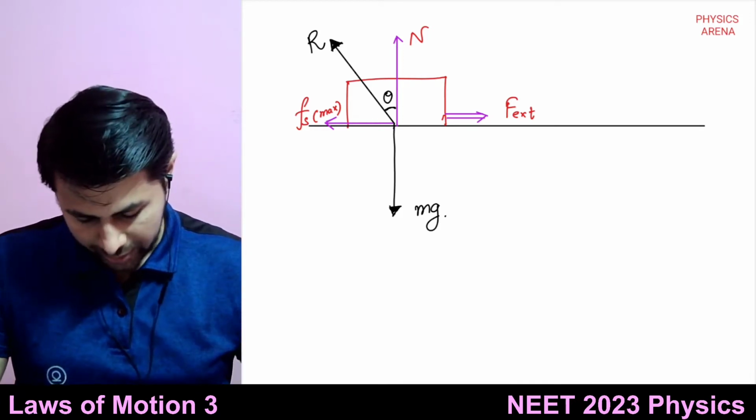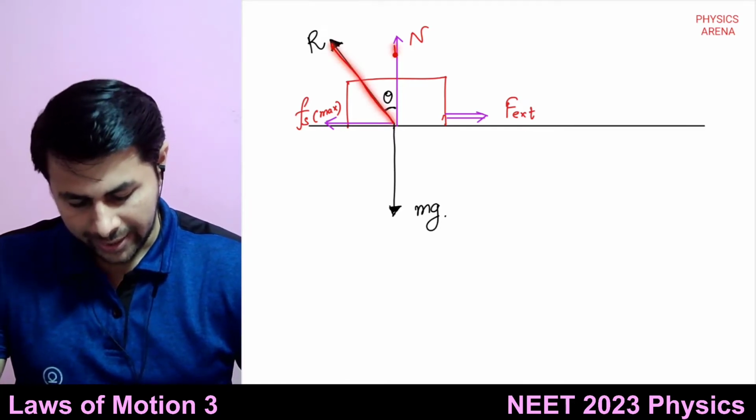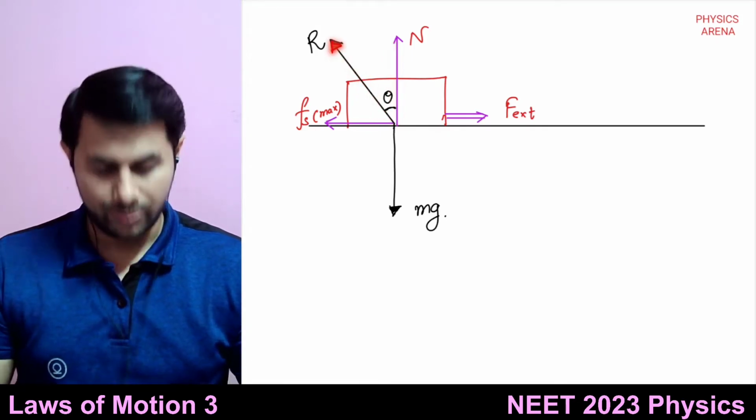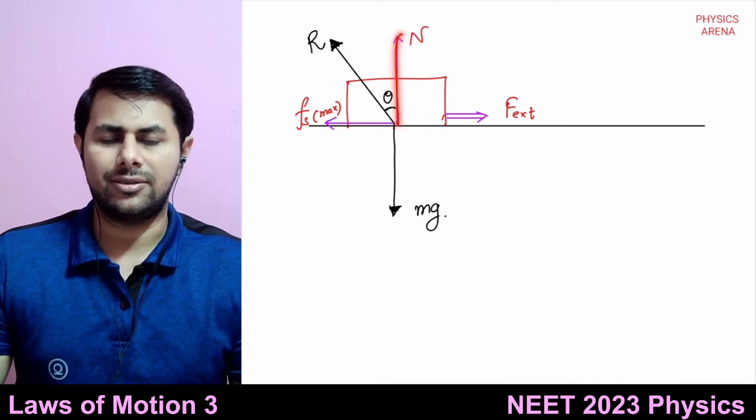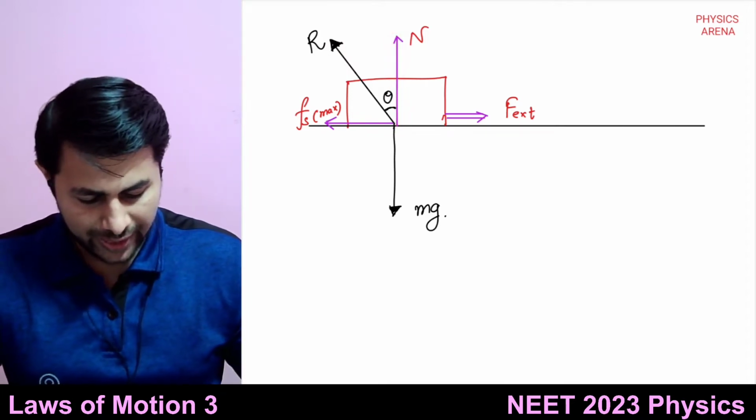So what is the angle of friction? The angle between the total contact force, or let's call it the reaction force, and the normal reaction. What is the angle of friction?